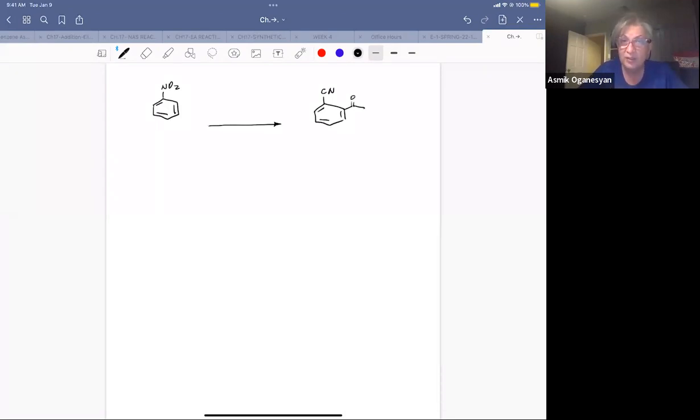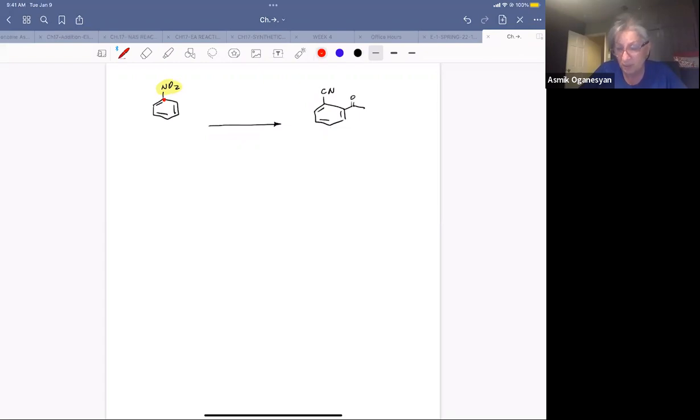Let's see if we can predict the reaction conditions for this particular set. Okay? Always look at the starting material, identify the functional groups on this. In our starting material, we have a nitro group on this carbon. That's the only substituent there.